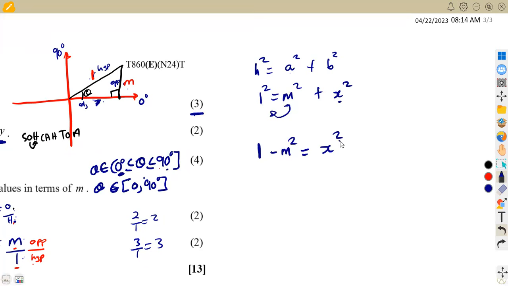We remove the square by introducing the square root on both sides. So x is equal to the square root of 1 minus m squared.